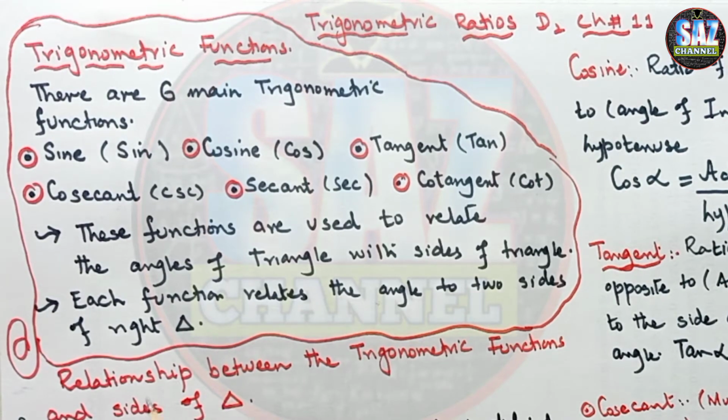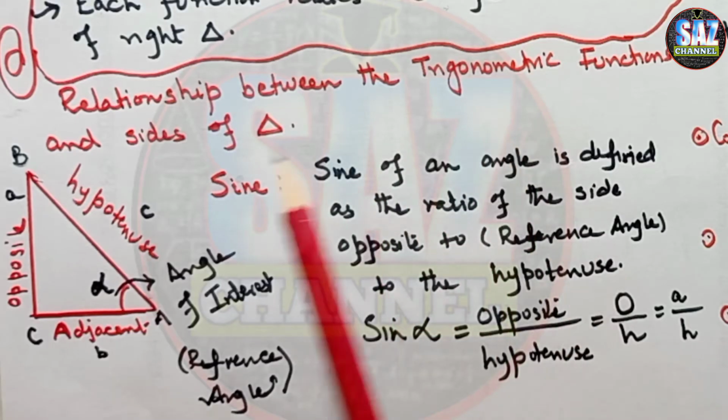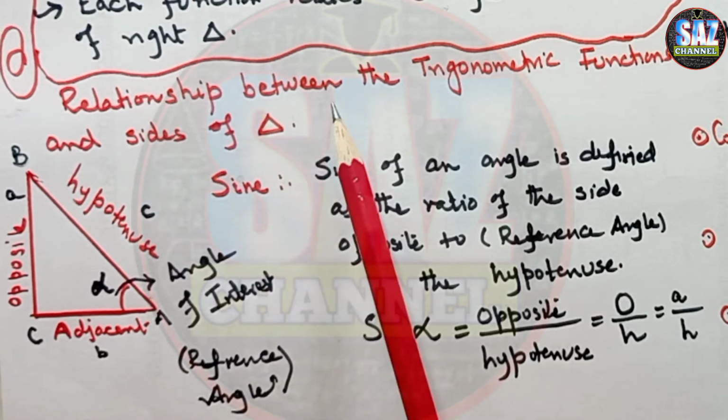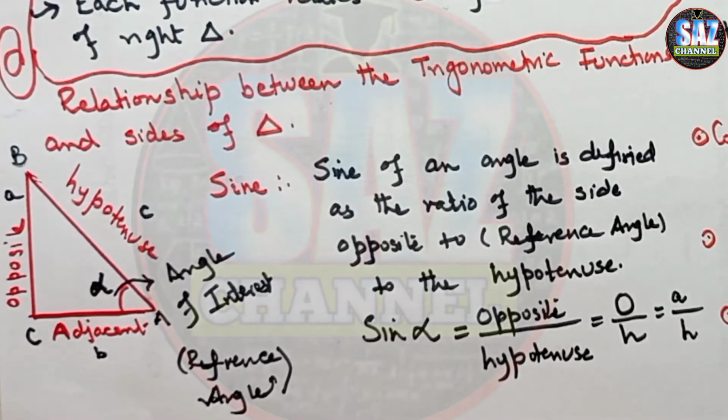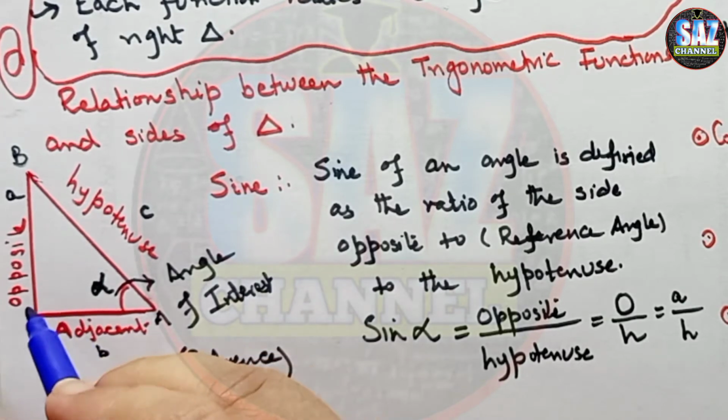Coming to the relationship between the trigonometric functions and the sides of the triangle. Let's take a right angle triangle, and I always ask my students to label the vertices after drawing the diagram.